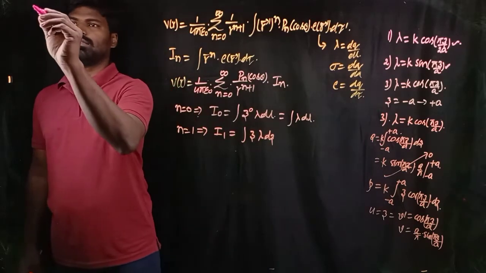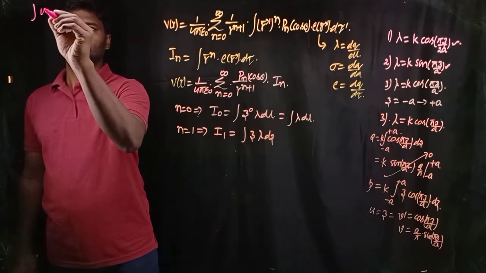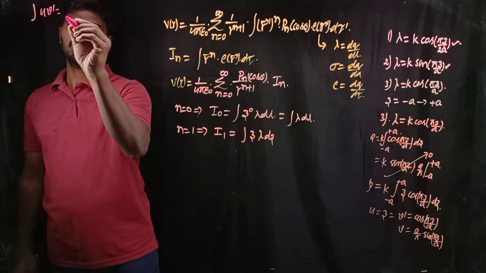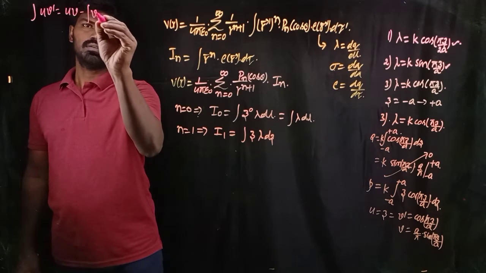So the standard formula is the integral of u v dash equal to uv minus the integral of v u dash.